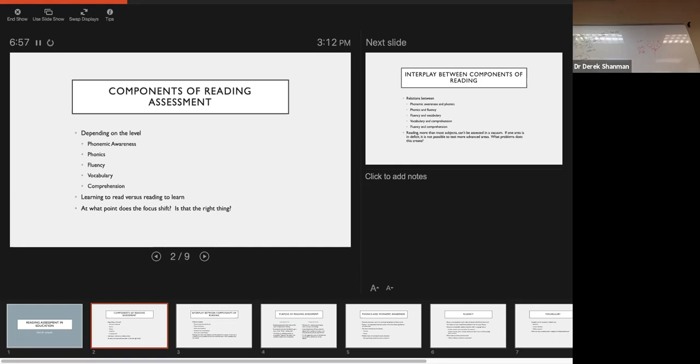At the K-2 level, learning to read is the focus, right? 3rd to 5th, 3rd to 6th, right around there, is reading to learn. That is not just where you are expected to read something and acquire information from it, but rather we are teaching you how to read something and acquire information from it. See the difference between those 2?